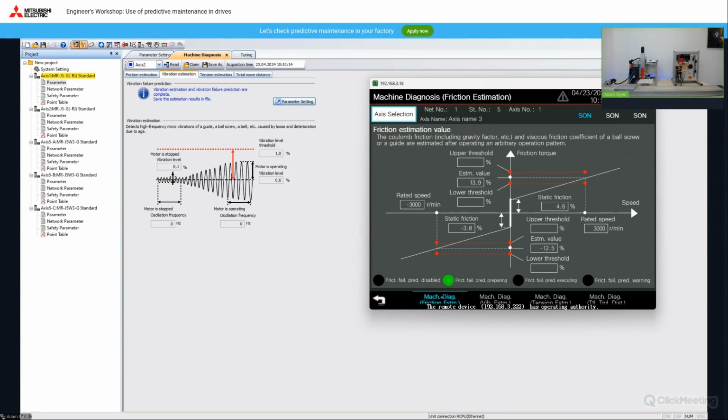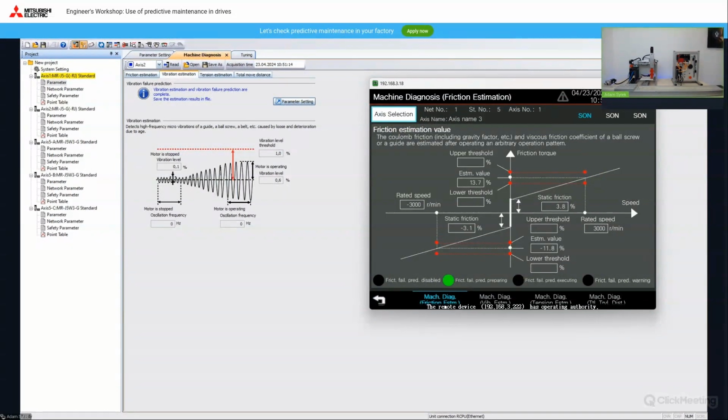And here we can see online the values of the friction that are estimated for this axis. It is this station's axis number 3. It is the X axis in the system.